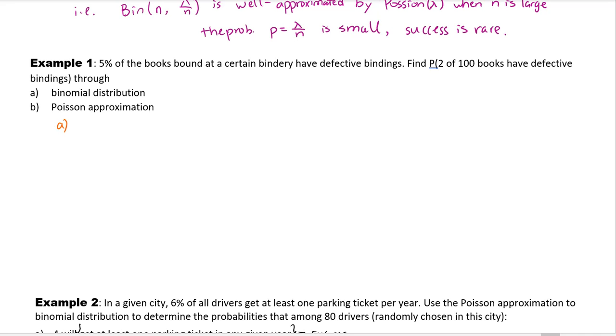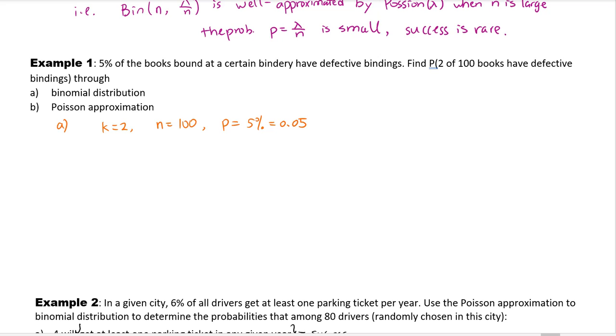Okay, so Part A, 5% of the books. So K is 2, the number of trials is 100, and the probability of success is 5%, which is 0.05. And remember, we have two ways to compute the binomial distributions.